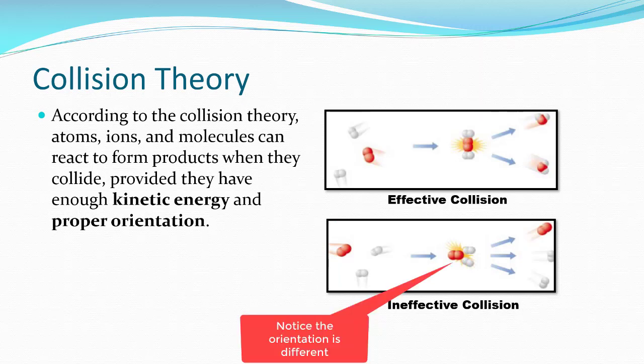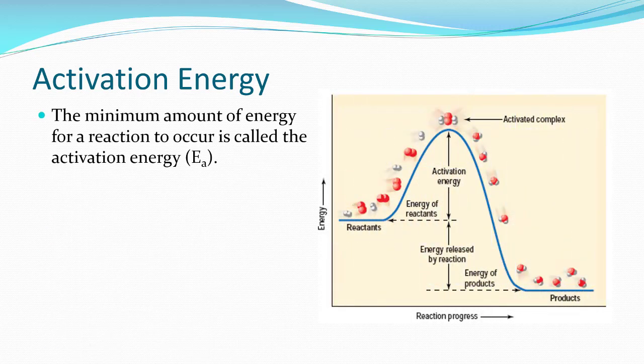So what is this amount of energy that we're talking about? Well, what we're talking about is what is called activation energy, okay? It's the minimum amount of energy for a reaction to occur. And you'll see on the diagram here on the right-hand side that I like to think of it as like a roller coaster.